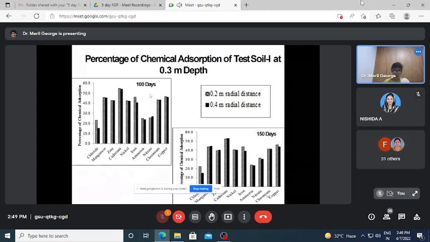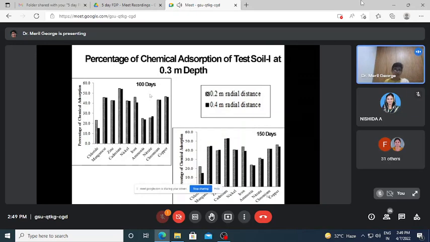Now we have already found that maximum chemical concentration was observed at 0.3 meter depth. So here I have plotted the concentration of all the chemicals at that particular depth.